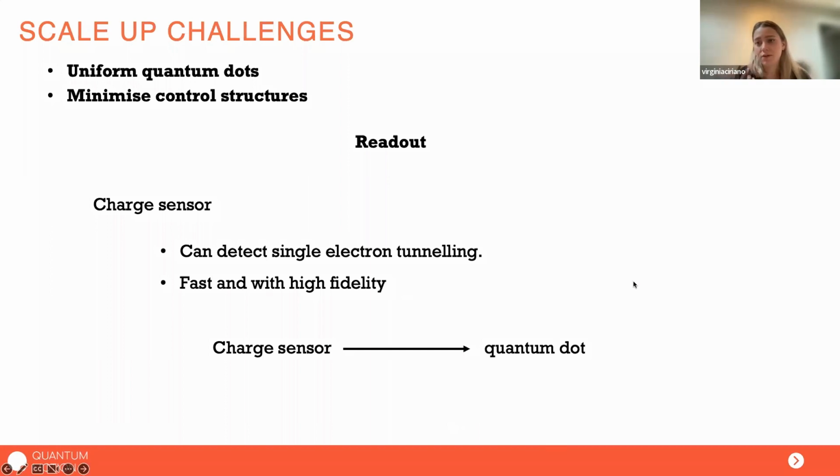There are different ways of making this sensor, and recently we've been trying to specialize in making this charge sensor as small as possible, so you could potentially integrate a lot of them together without disturbing the qubit interaction. Remember that the qubits need to be quite close to interact with each other, so you cannot have big sensors close to them.